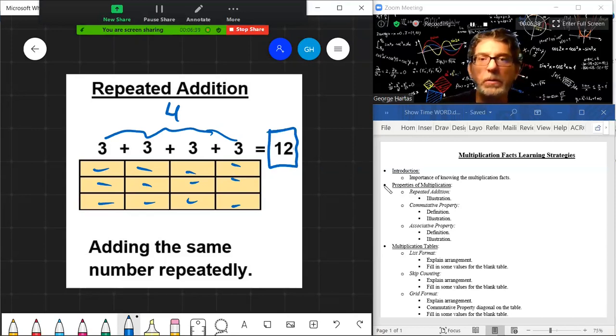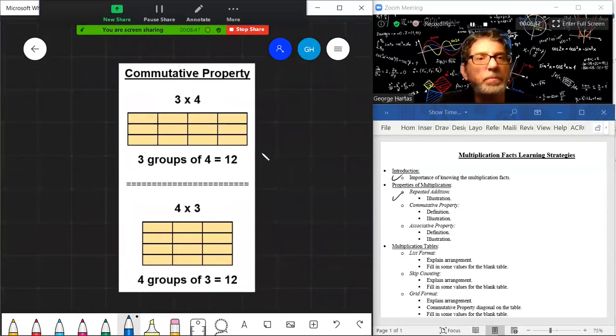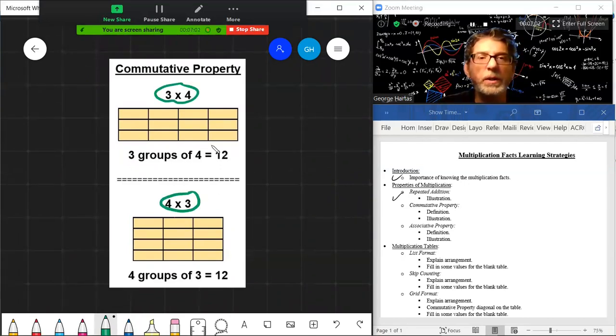All right, so let's keep going and look at another property, which is called the commutative property. The commutative property says that you can change the order of the numbers being multiplied and it's not going to affect your answer. 3 times 4, 4 times 3, the answer is 12.